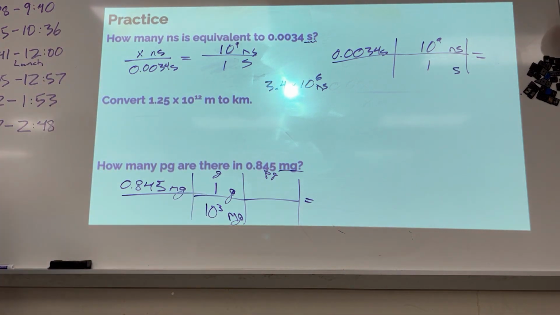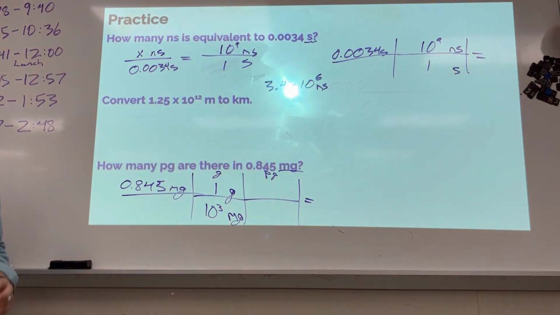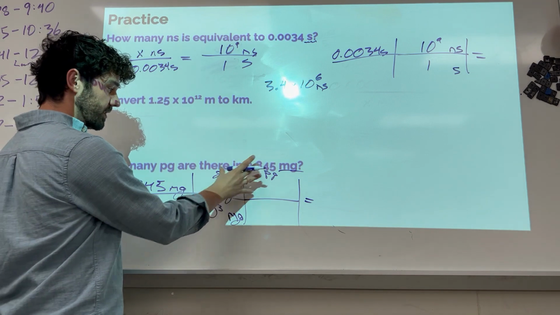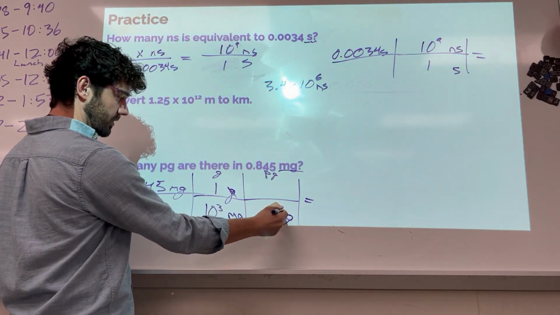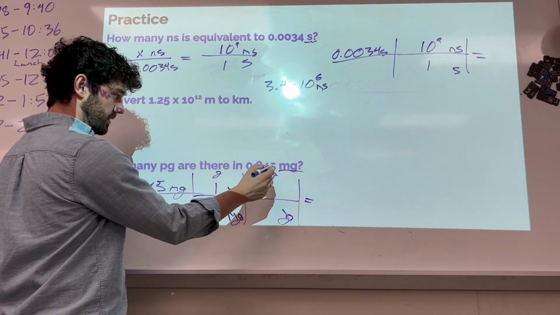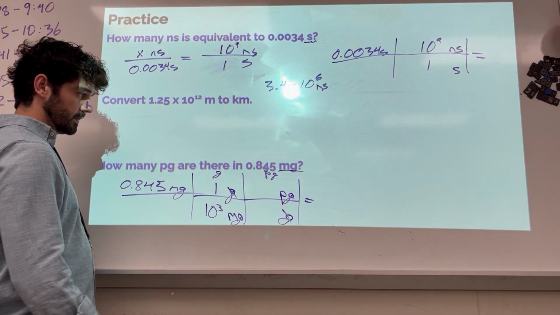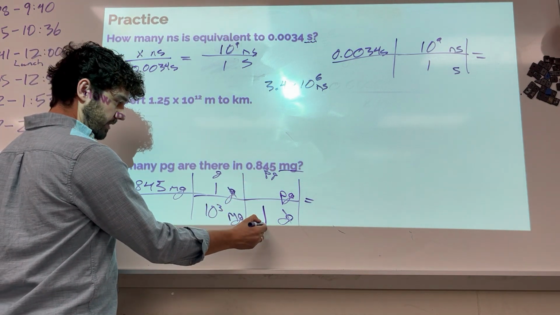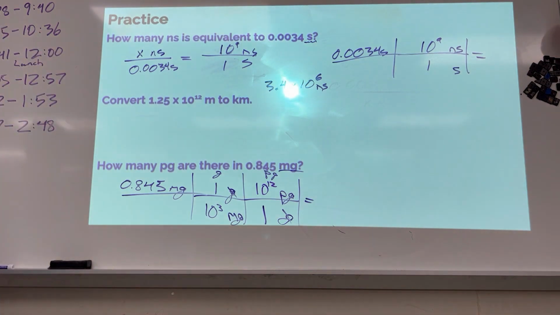So pay attention to that: the bigger unit has 1 and the smaller unit has more of them. That's how we'll do it. Then for this next step, I want to cancel the grams and I want my picograms. 1 gram and a trillion picograms.